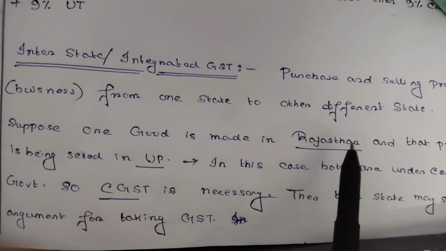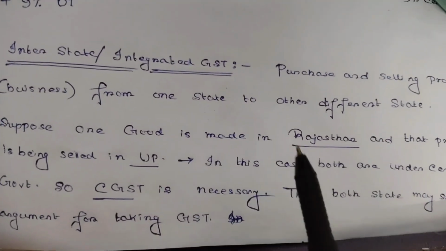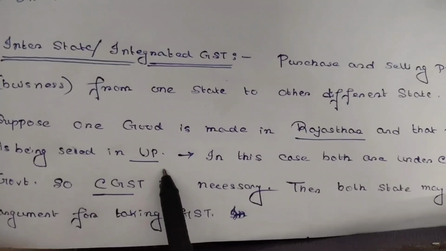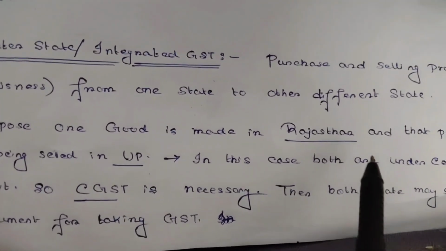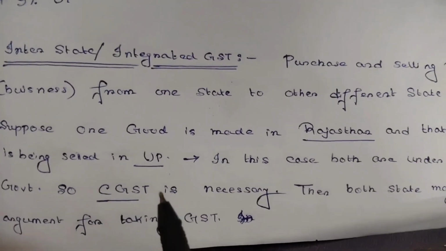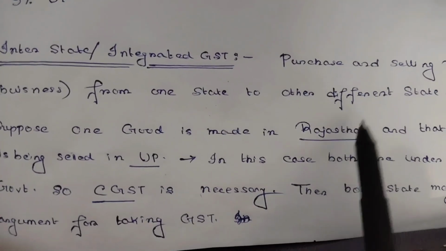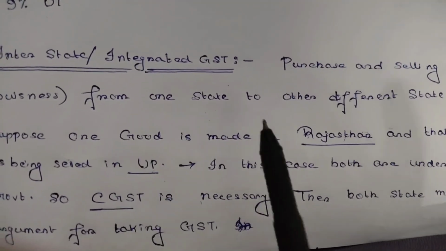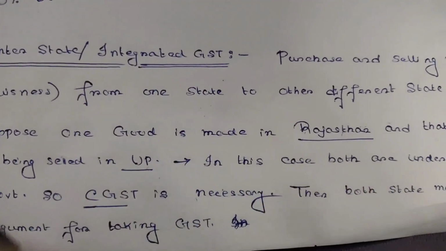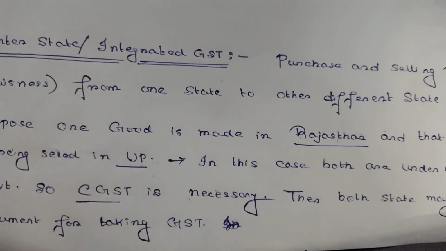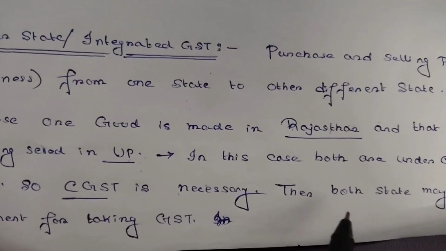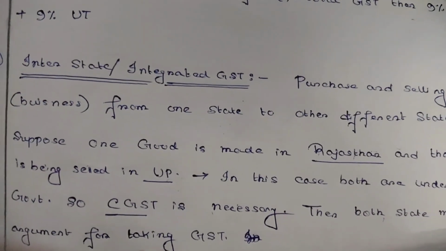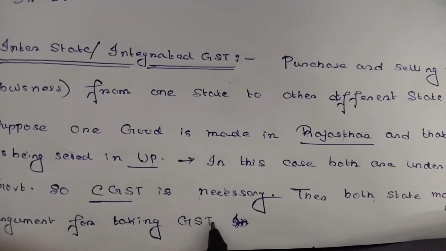Suppose a product is made in Rajasthan, and that product is being sold in UP. Okay. In this case, both are under central government, so CGST is necessary in both states. Then there is no doubt about that, and the rest is another GST. The two states may start an argument in taking the GST.